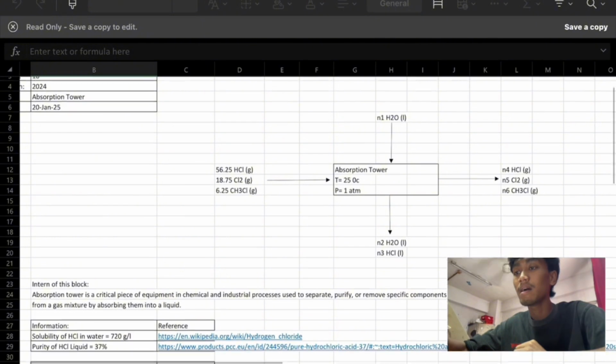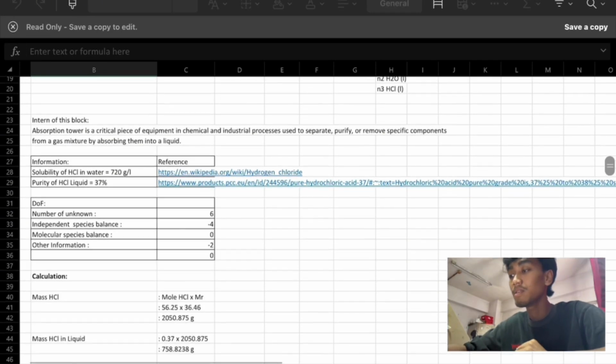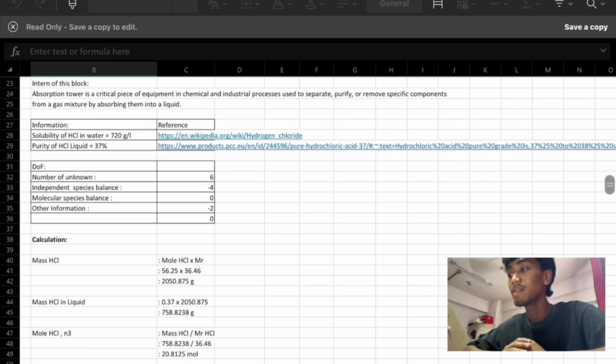The outputs are N2 H2O liquid, N3 HCl liquid, N4 HCl gas, N5 Cl2 gas, and N6 CH3Cl gas. The DOF, degree of freedom, is the number of unknowns, 6, independent species balance, -4, molecular species balance 0, and other information -2.